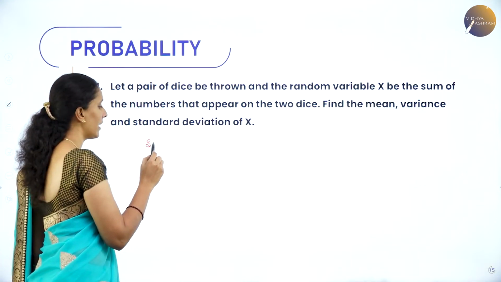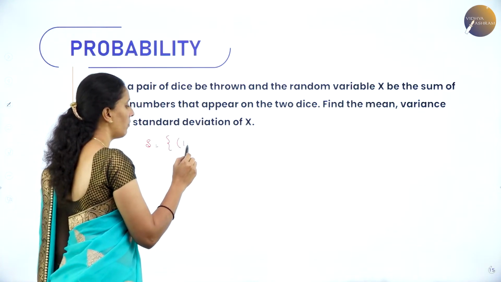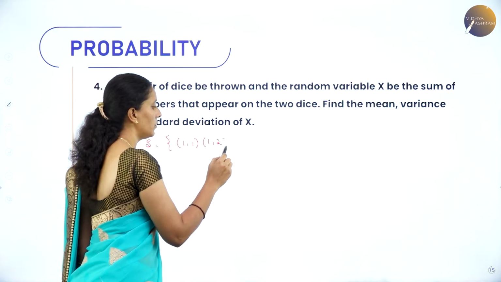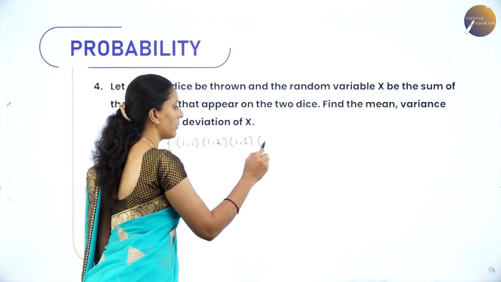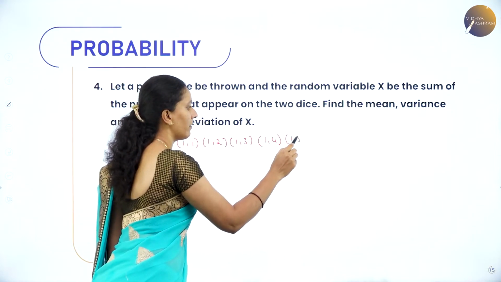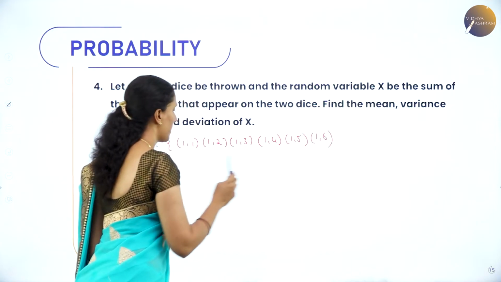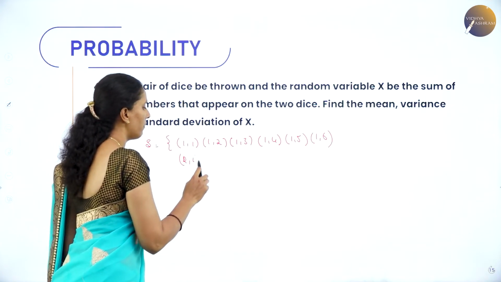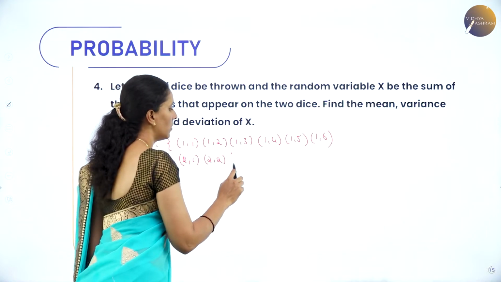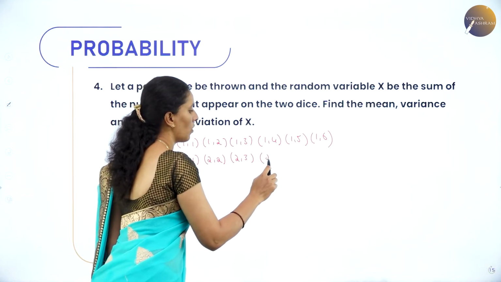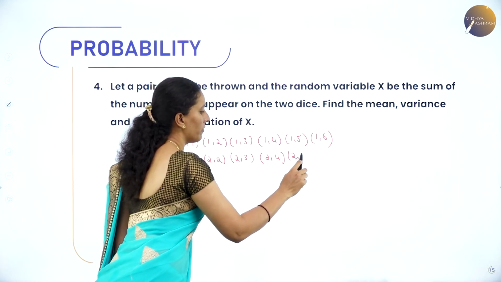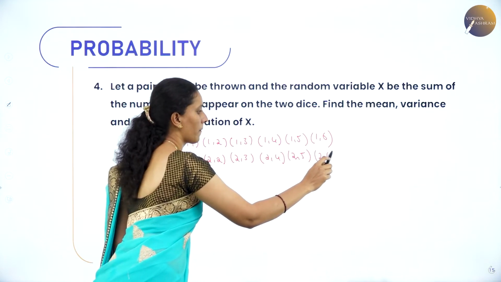So, let me write the sample space clearly here. S is equal to 1, 1, 1, 2, 1, 3, 1, 4, 1, 5, 1, 6. Next, 2, 1, 2, 2, 2, 3, 2, 4, 2, 5, 2, 6.